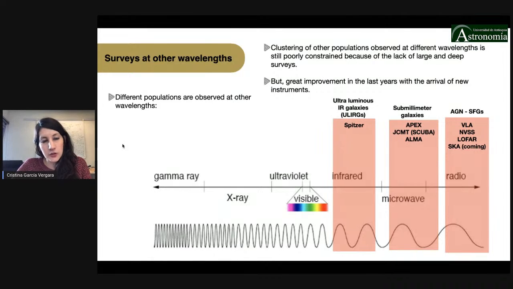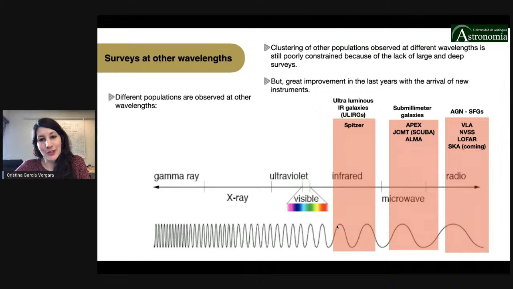Then in this part of the lecture, I'm going to focus more on the populations that we can detect at other wavelengths. I already mentioned that we can detect other different sources in infrared, submillimeter wavelengths, and radio wavelengths. I will be focused more on radio and submillimeter wavelengths.